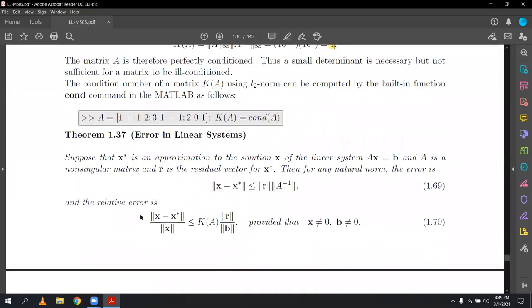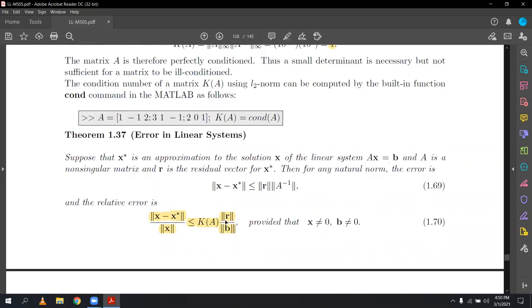If we cannot check what value of k we should have, if it is close to 1, we say either 1, 2, 3, but how far we can go, there is no formula to fix it. But this is another way to check whether your system is ill or well conditioned, and that we check by the relative error. K of A, you know, is the condition number of a matrix.